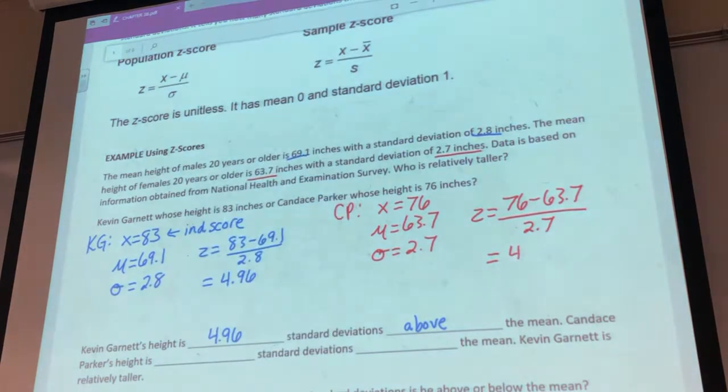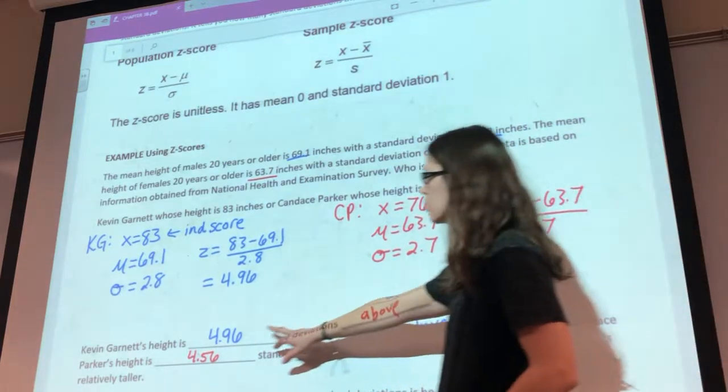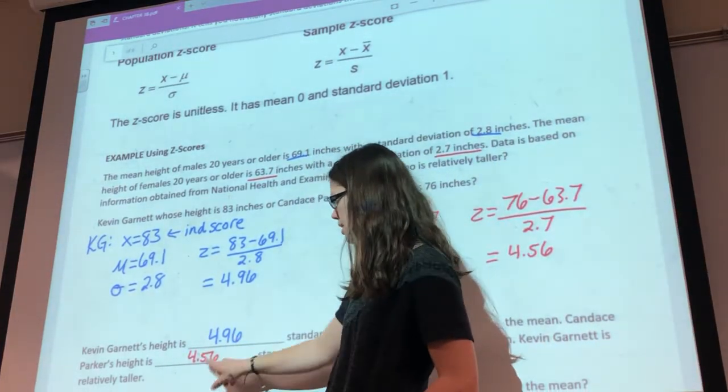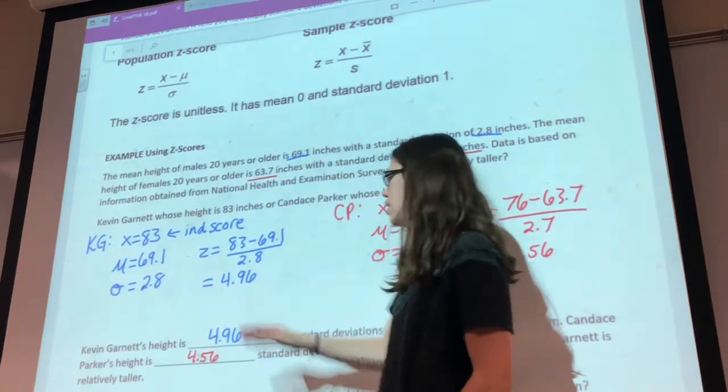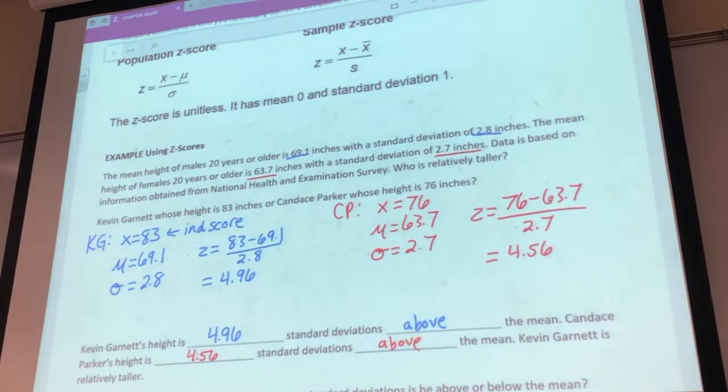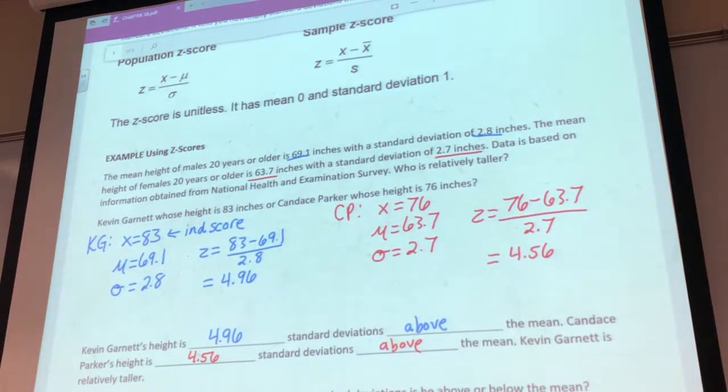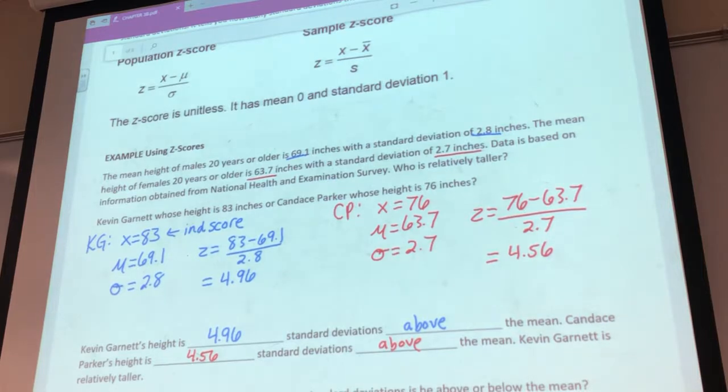I get 4.56 when I put it in my calculator. She's 4.56 standard deviations above the mean, which is still very tall. But since Kevin Garnett has a higher z-score of 4.96, we're going to say that he is taller relative to his gender than Candace Parker is.